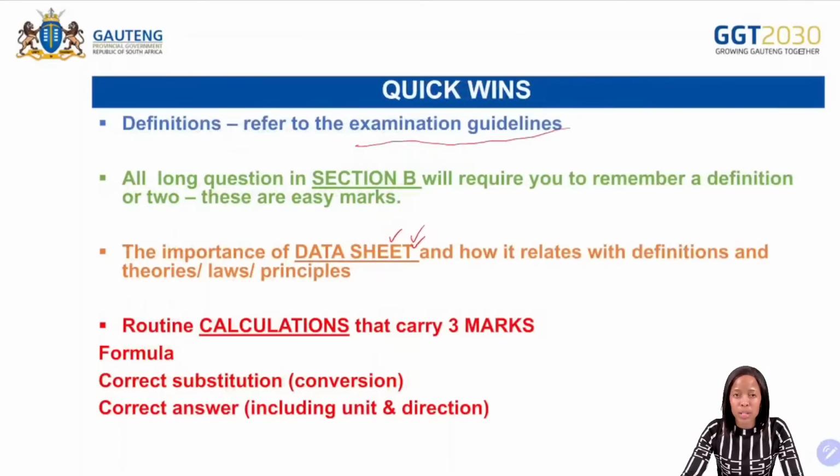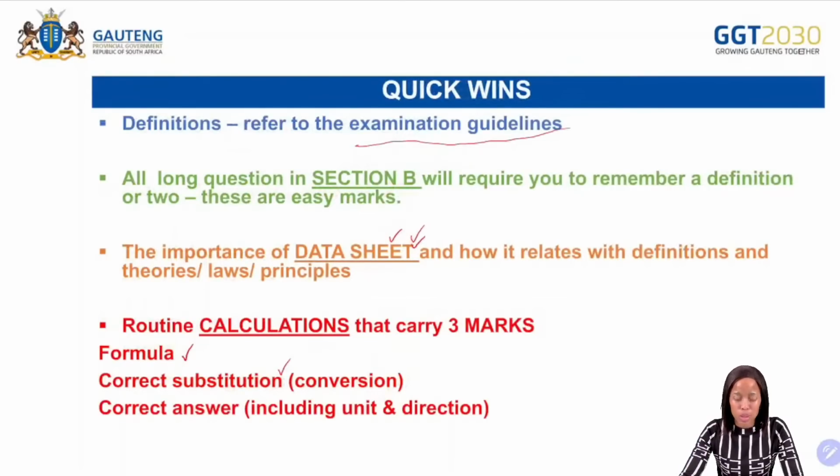The next one is your routine calculations that carry 3 marks. For your routine calculations, we are going to have the formula, which carries 1 mark. And then the correct substitution, but with the correct substitution, you need to write the correct conversion as well. So the substitution can carry 1 mark.